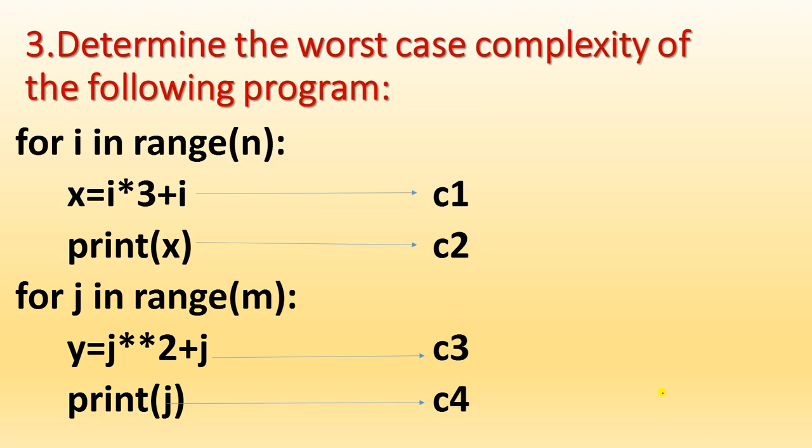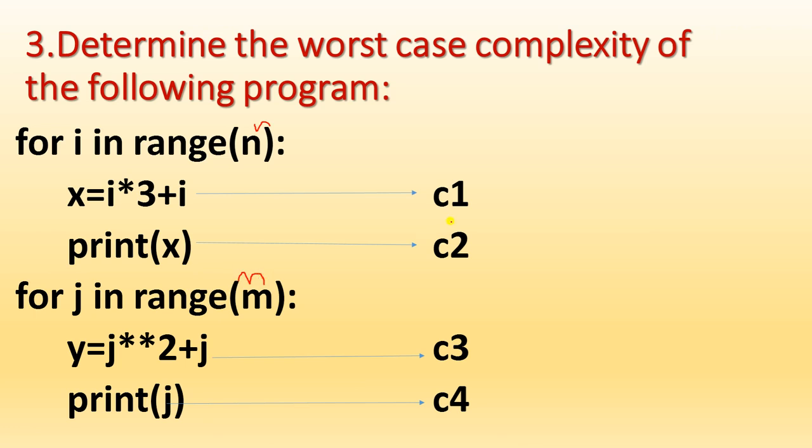This is for I in range n, x is equal to I multiplied by 3 plus I, C1. Now print x. So here this is the I loop, so it will give you n. Now the other loop will give you the constant m. So it will run n times, and it will run m times.